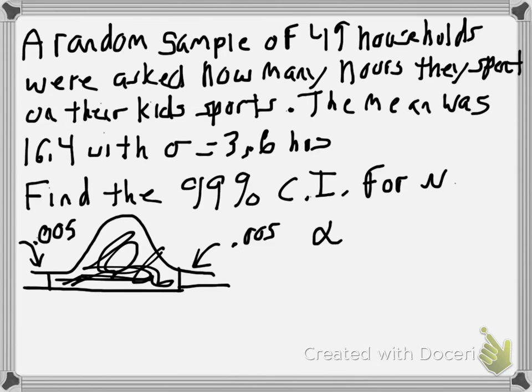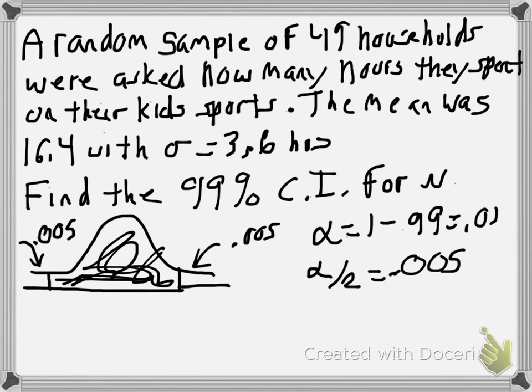Alpha is simply 1 minus 0.99, which is 0.01. So alpha over 2 is equal to 0.005. Because remember, we want to be 99% sure that the true mean is actually somewhere between this point and this point.